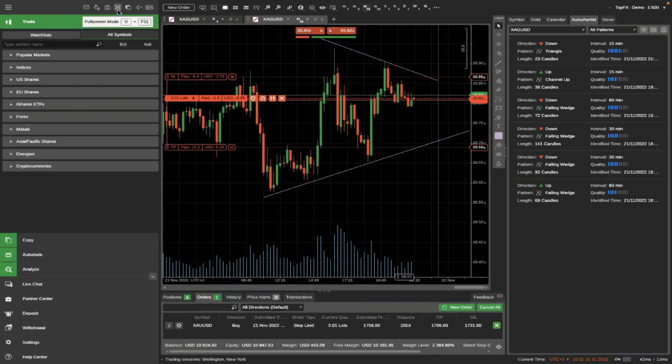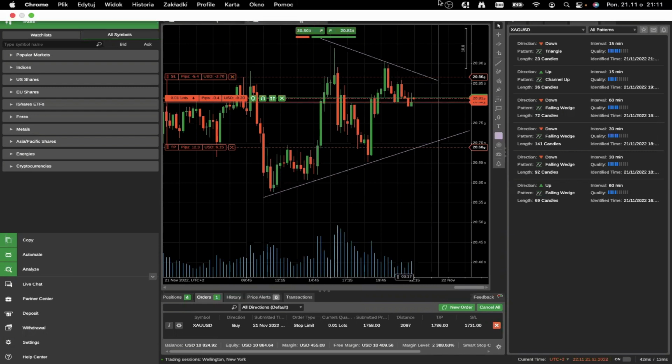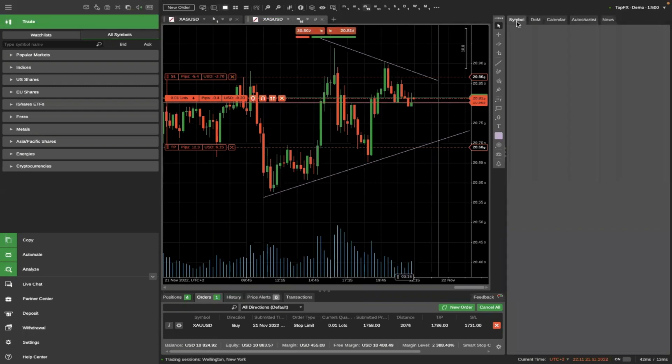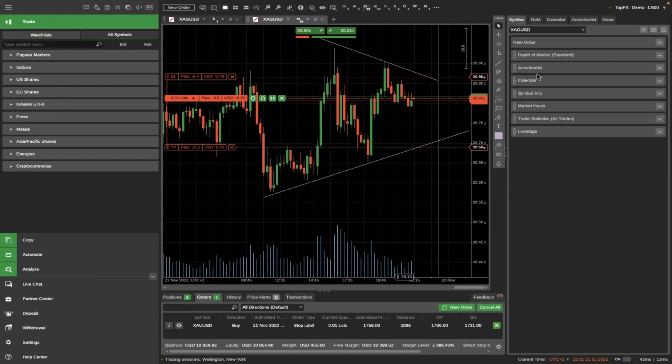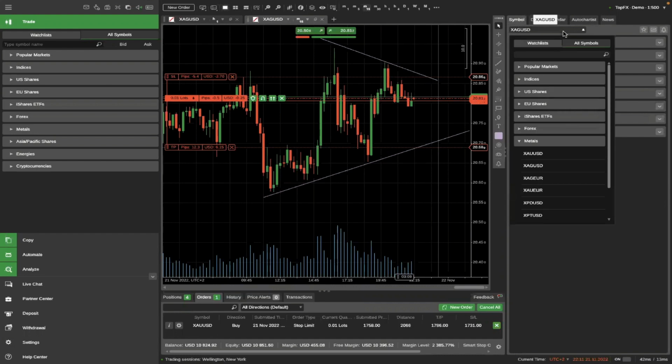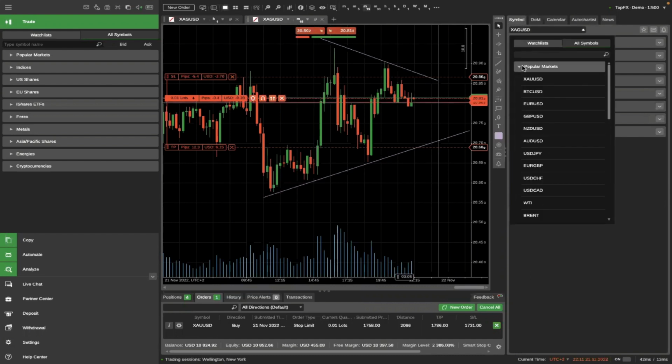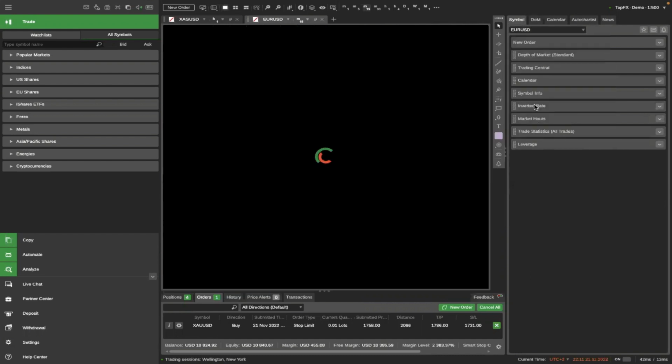So using the Autochartist apparently should be something you should consider incorporating into your trading strategy, maybe just maybe together with, for example, the Trading Central that we talked about in our last meeting. So let me just find some Trading Central signals from the last meeting.